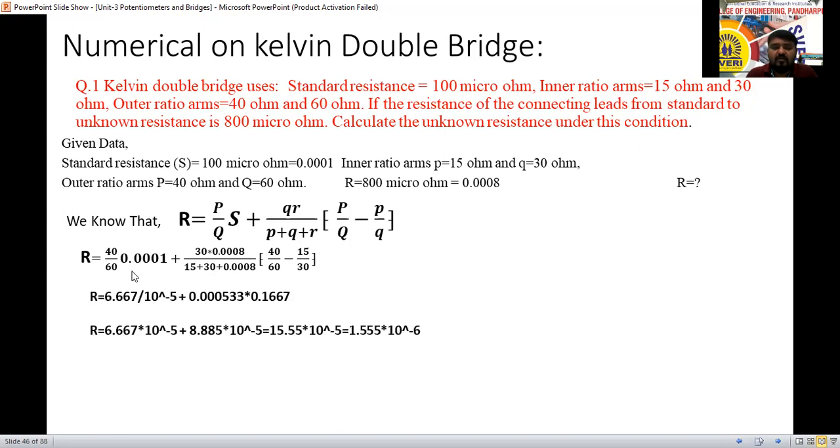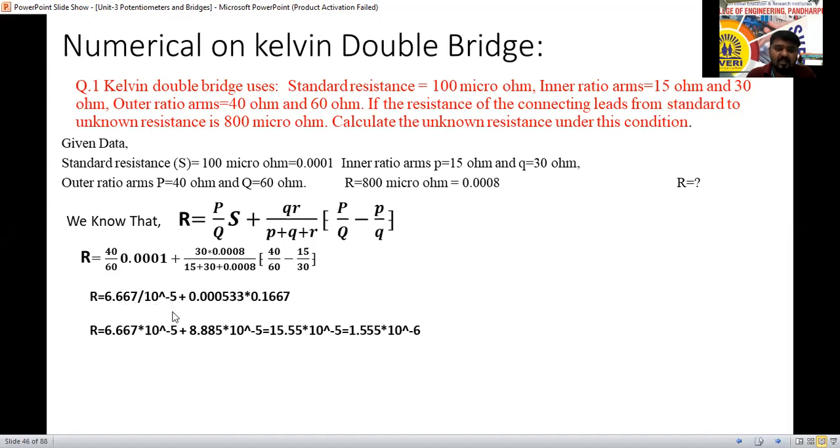Next step, what we have to do? We calculate this part separately. 40 by 60 is 2 by 3, minus 1 by 2, which gives 0.1667. In the complete derivation, 30 into 0.008 divided by 45.008 gives 0.000533, and plus 6.6667 into 10 to the power of minus 5.